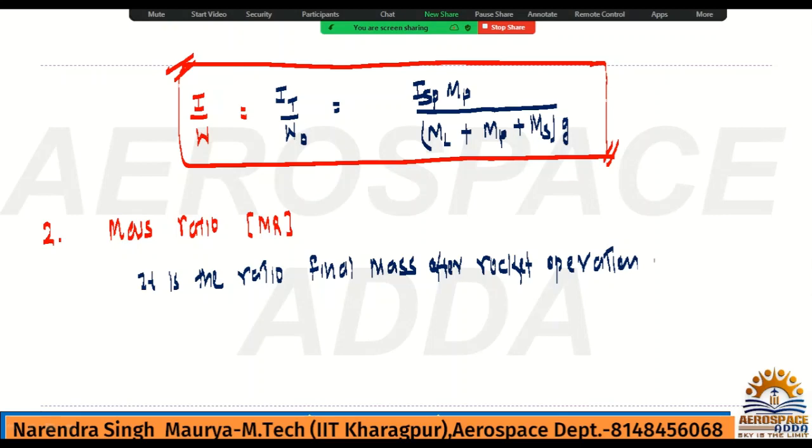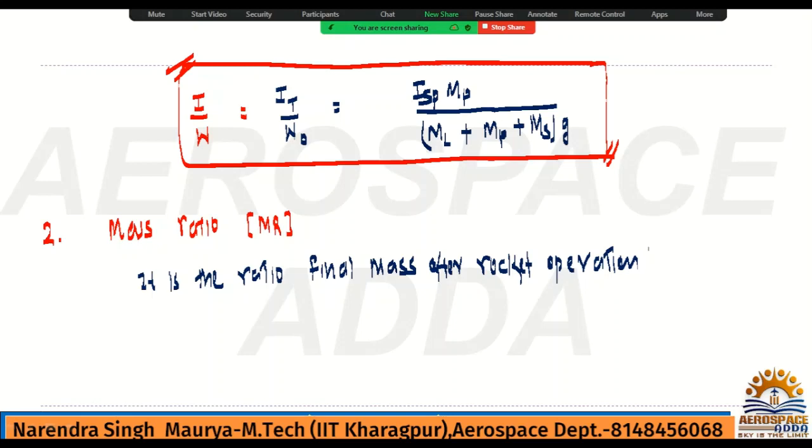What is meant by after rocket operation? It means whatever amount of propellant was there is completely consumed or burned.